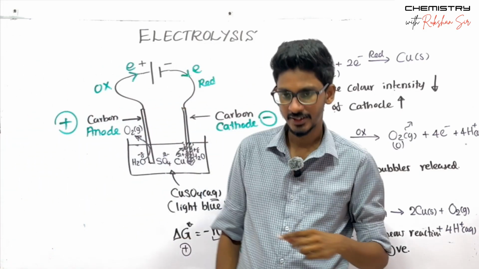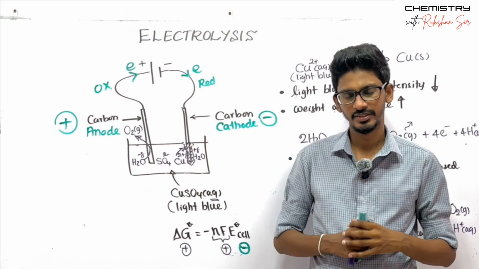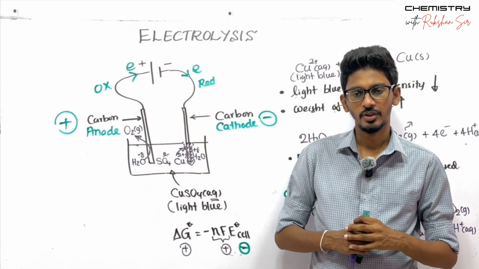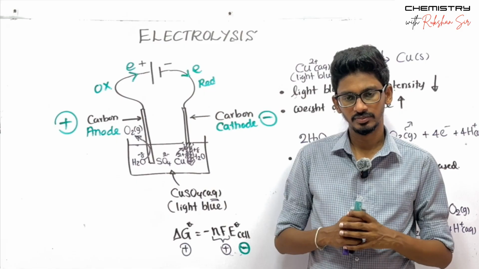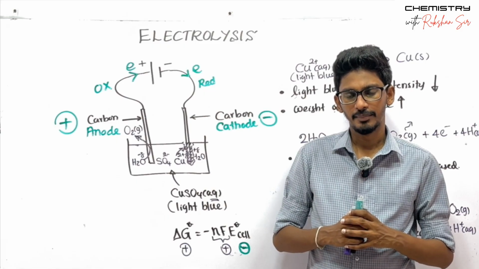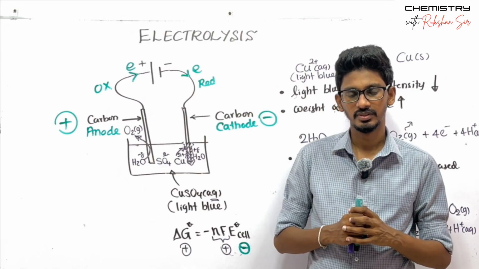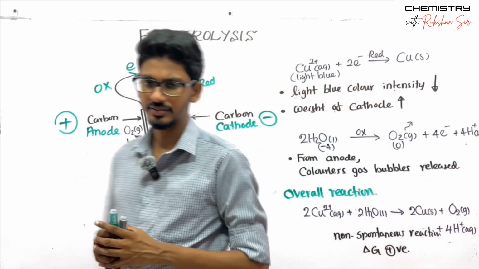That is the major difference between the electrolytic cell and the electrochemical cell. In electrochemical cells, the cathode is positive, but in the electrolytic cell, the anode is positive. The signs will vary.